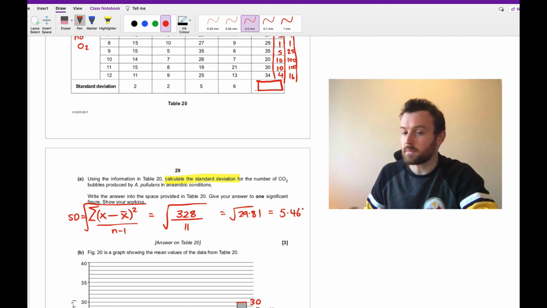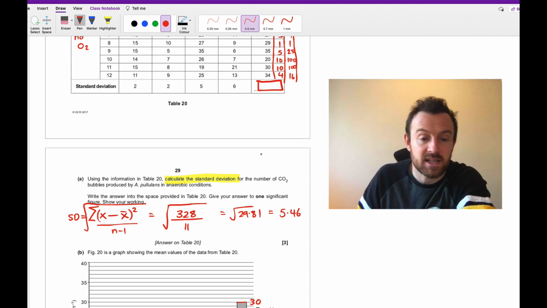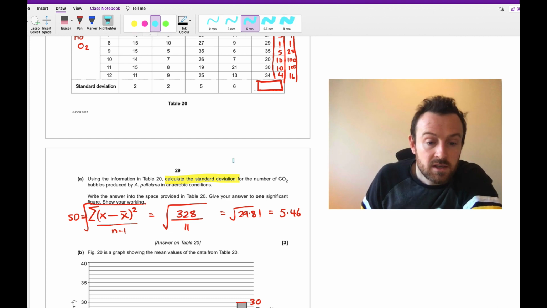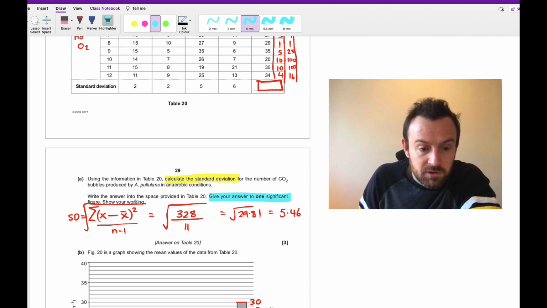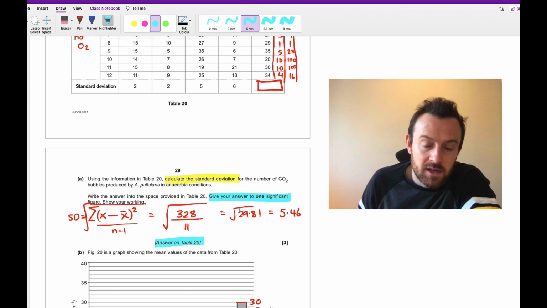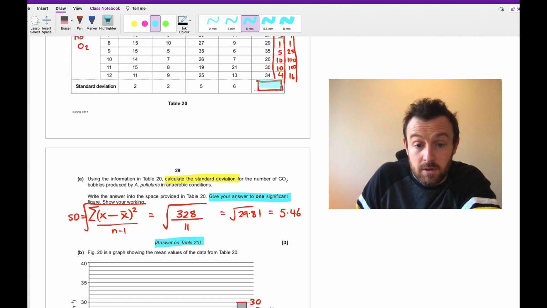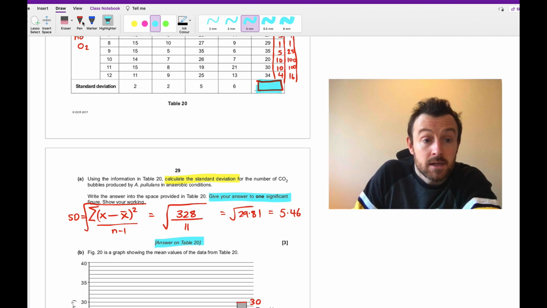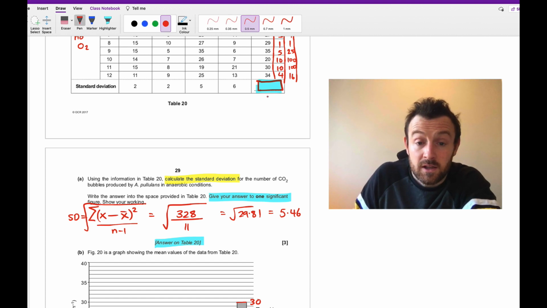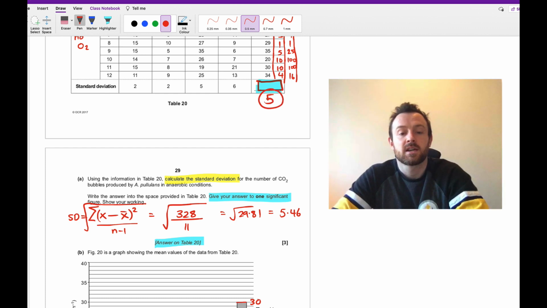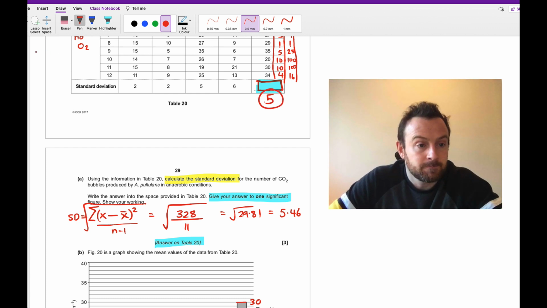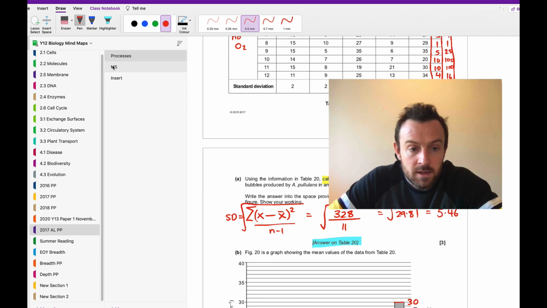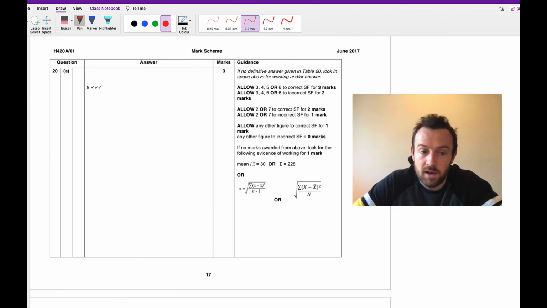All right, so there is my answer, but it says, always check this, give your answer to one significant figure, and put it on the table as well. So the examiner is going to mark this answer right here. To one significant figure, the answer is 5. There we go, let's double check the mark scheme. The mark scheme here, 3 marks.